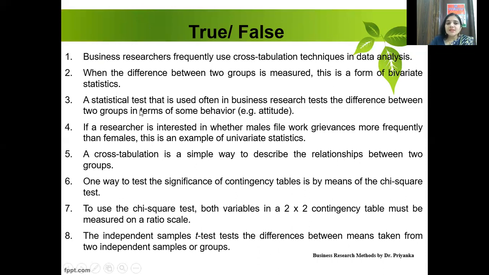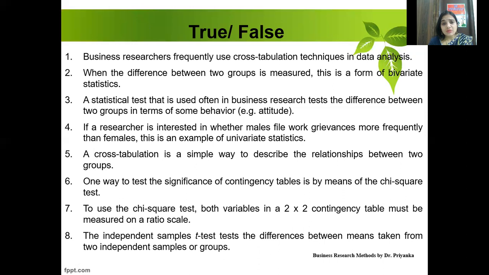Third is, a statistical test that is often used in business research tests the difference between two groups in terms of some behavior. Yes, a statistical test used to test the difference between two groups in terms of some behavior, that's 100% true. Most of the tests are generally used for tests of differences, as in to check someone's behavior regarding a product.